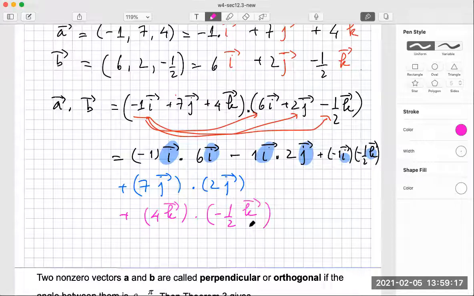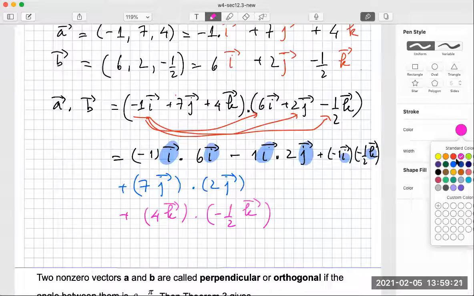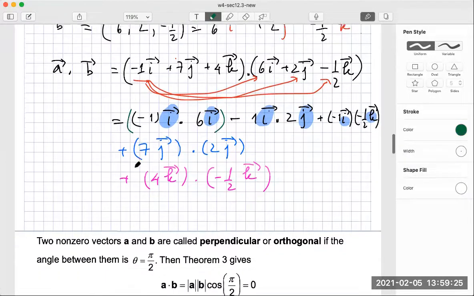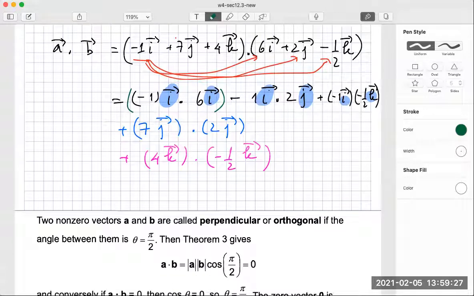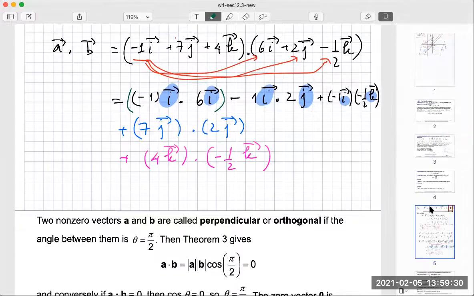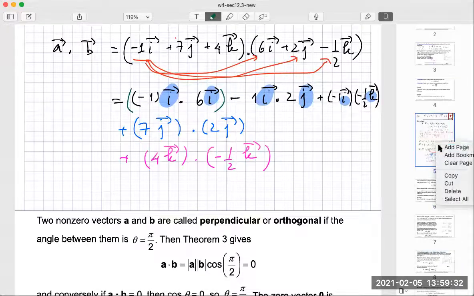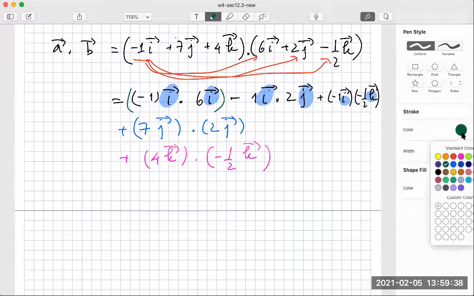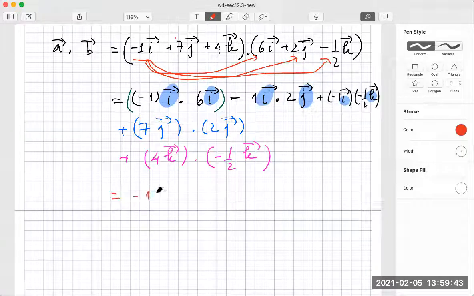So in the future, if you write this way, what you care about is the non-zero terms, right? In other words, we can write it as negative 1 times 6, the numbers we just factored.